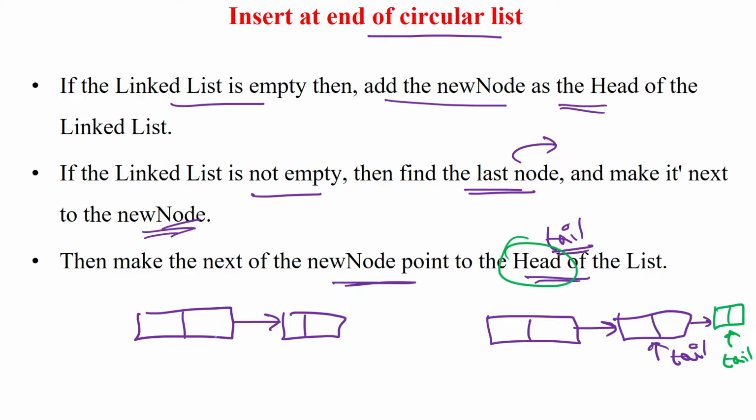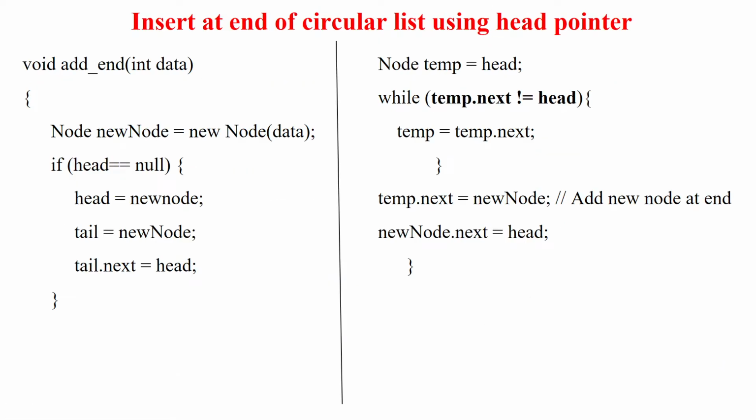So here we can use the head pointer, or we can use the tail pointer representation for accessing the list. First we will see the head pointer to add a node at the end of the list. Initially I am checking whether the list is empty or not. If the list is empty, head equal to null and tail also will be null. Then the new node is added into the list. The new node will become the head and the new node will become the tail.